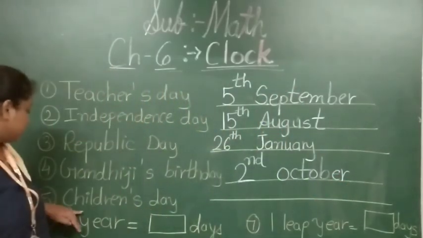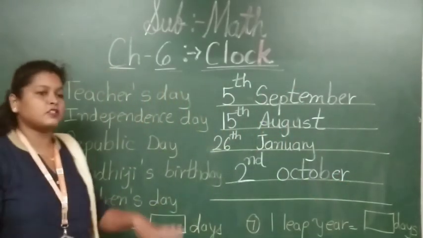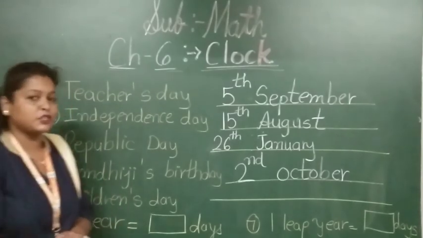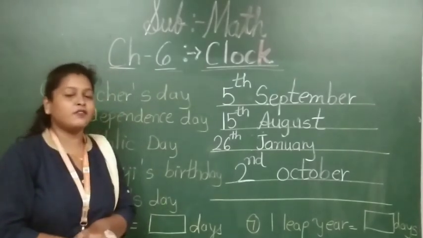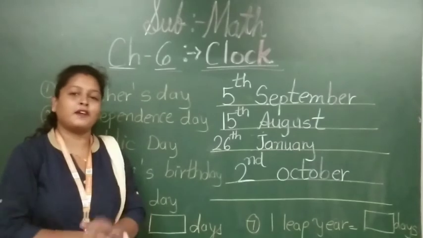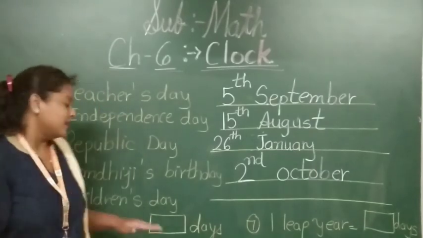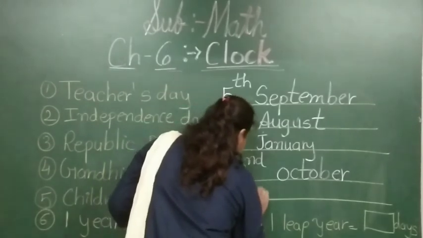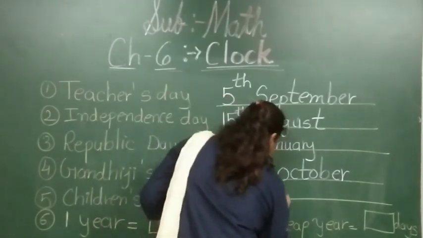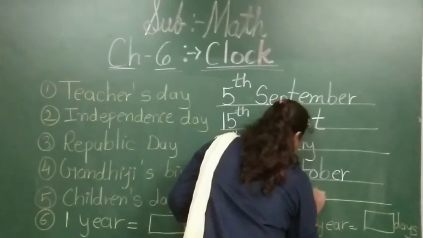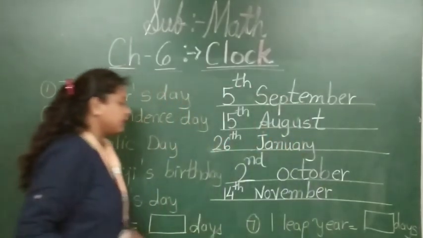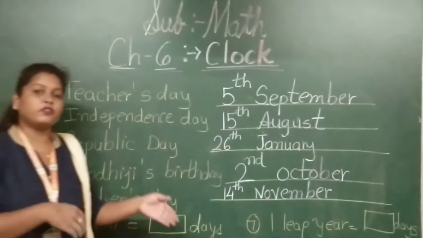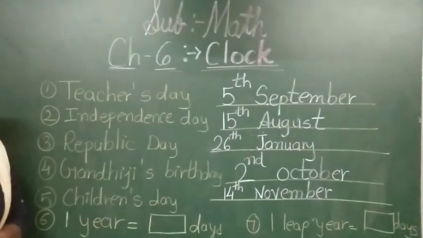Okay. Fifth one is Children's Day. Children's Day, upcoming celebration. Yes, on Children's Day, what is that? Chacha Nehru, Jawaharlal Nehru's birthday was there. So that is on 14th November. Right. And the last question that I mentioned before, in a year, how many days are there?